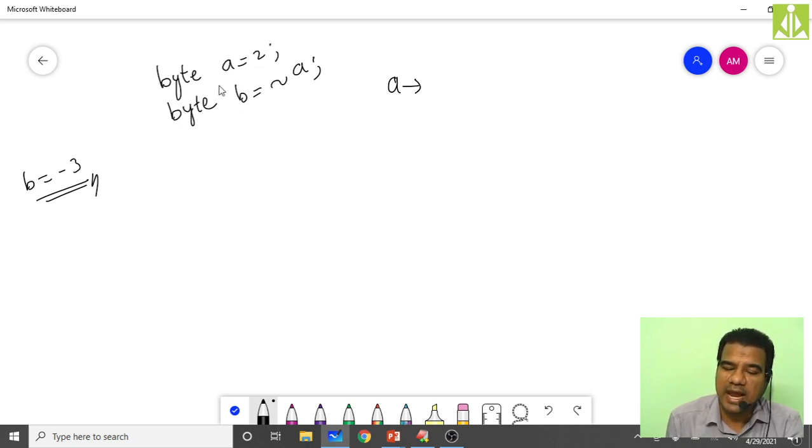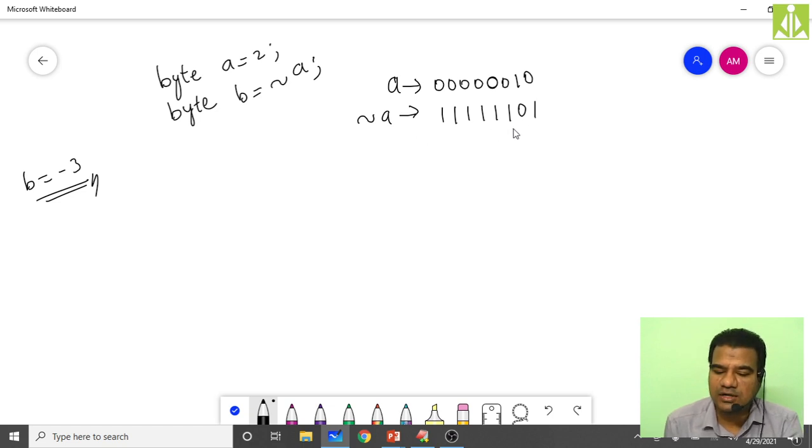So byte means 8 bits. In that 8 bits, 6 zeros, and the last 2 will be 1 0. So when you apply not of a, the value will become 1 1 1 1 1 1, then 0, and then 1.